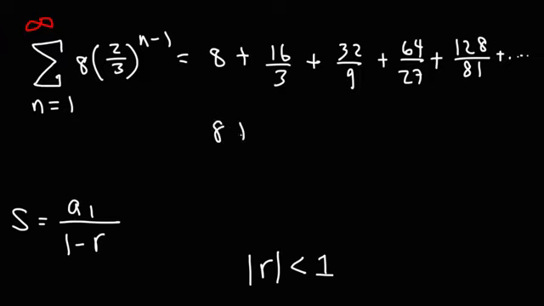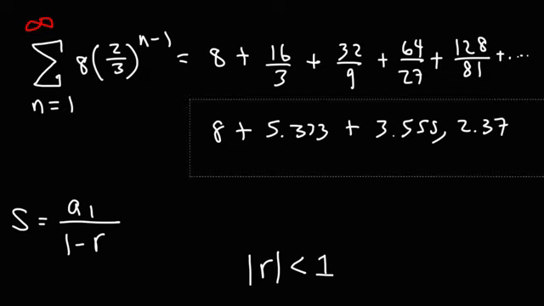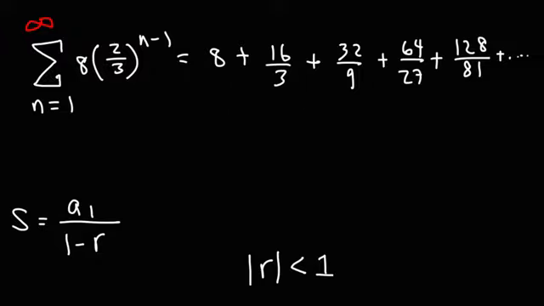If we were to get the decimal values of these numbers in a sequence, you could see that each successive number is less than the previous number. 64/27 is approximately 2.37. And so the numbers are getting smaller and smaller. When that happens, the sum will converge. For the most part, it will most likely converge to a specific value as n goes to infinity.